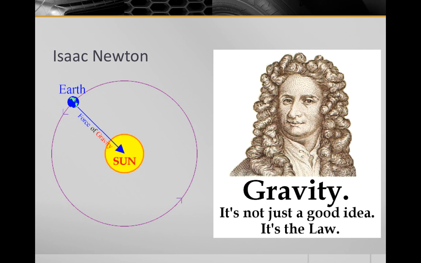And what we want to say about Isaac Newton and his idea is that he explained why the planets orbit around the sun, and how motion occurs on Earth, using gravity.